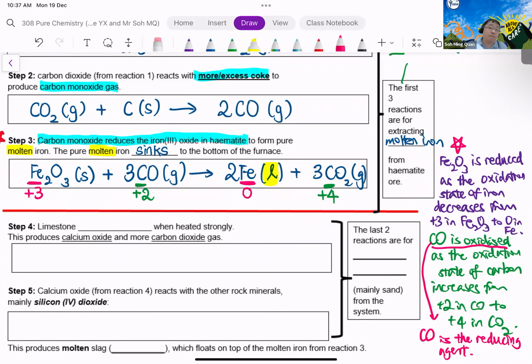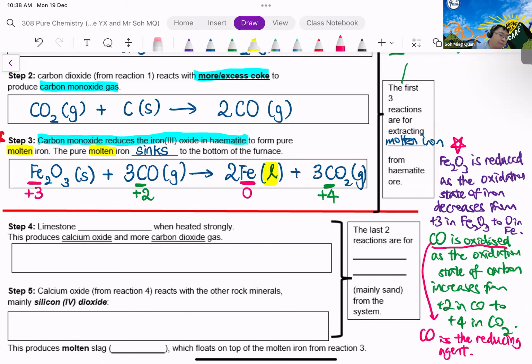It's the reducing agent because it's itself oxidized. And this is the reason why I hope you will revise redox, because you can see this is where a lot of things can combine together.